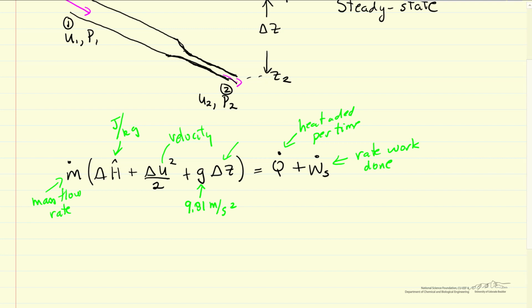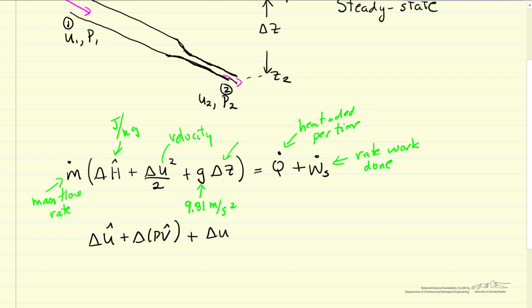Now let's look at how we simplify it, apply it to develop the mechanical energy balance. So first I'm going to divide through by M dot. Then on the left side, I'm going to replace delta H by its definition, delta U plus delta PV, where again V is specific volume.